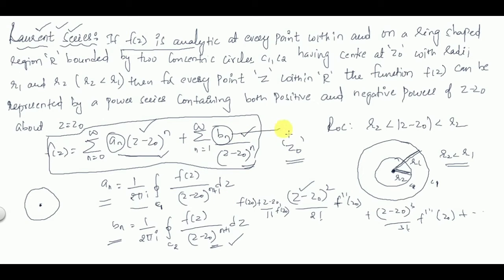So the negative powers are called the principal part of the Laurent series expansion, and the positive powers are called the analytic part.